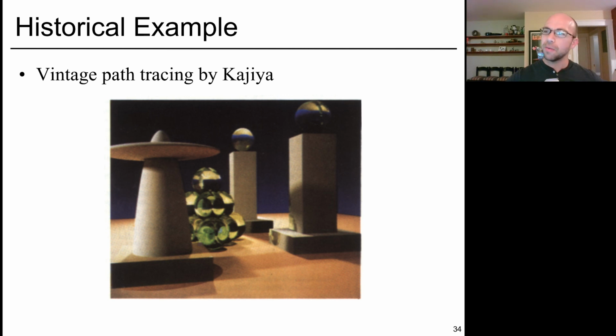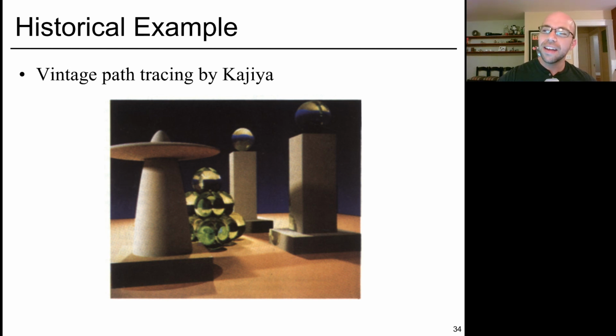Now here I show one of the original path traced images by Kajiya, one of the people who invented the rendering equation. And actually this is a great cautionary tale. So this is a very famous rendered image and one of the early convincing examples of this style of machinery. I'm sure it took about 1 billion years to generate this because it was back in like 1986.